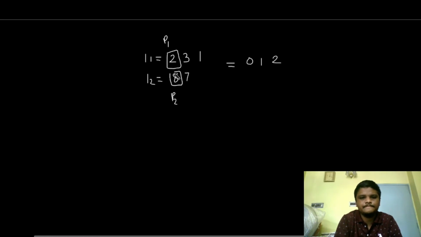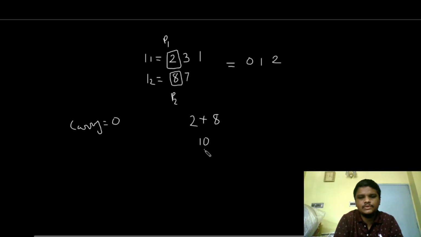Now we need to have a carry to keep track of the value which is being carried. Currently our carry is 0. Since we need to sum 2 and 8, when we sum them we'll get 10.